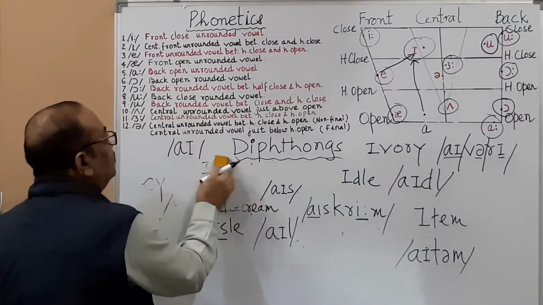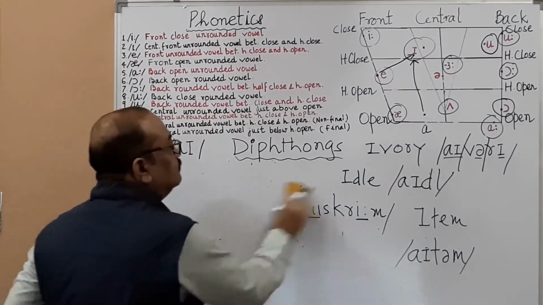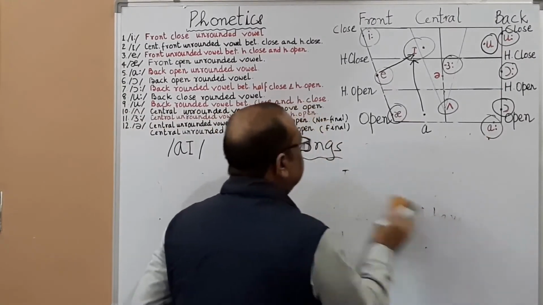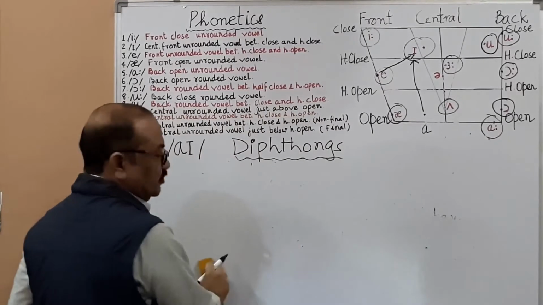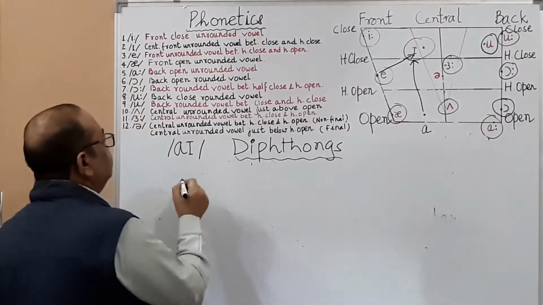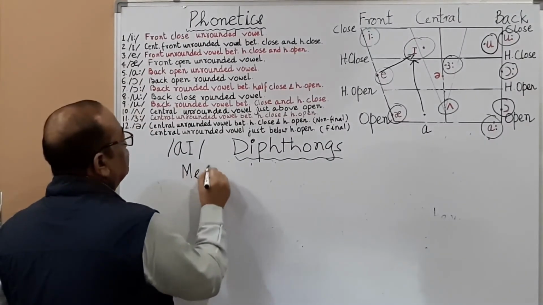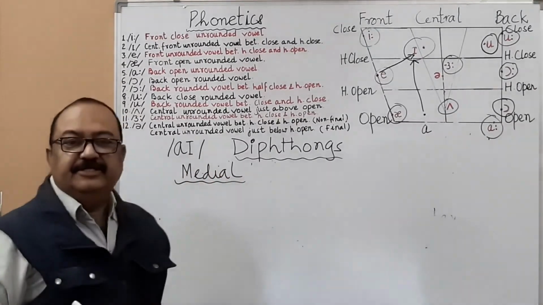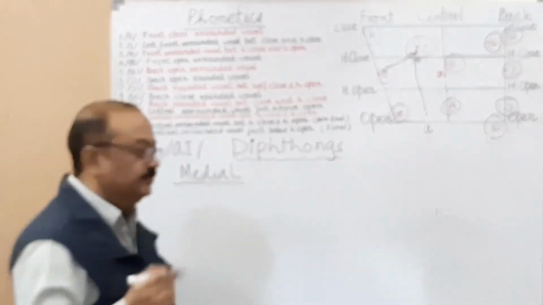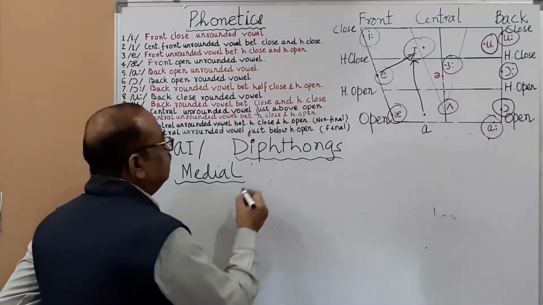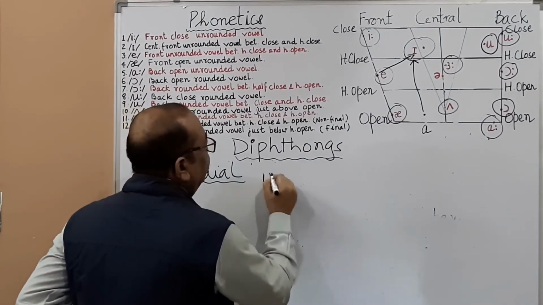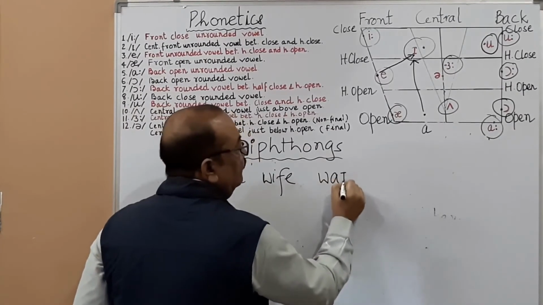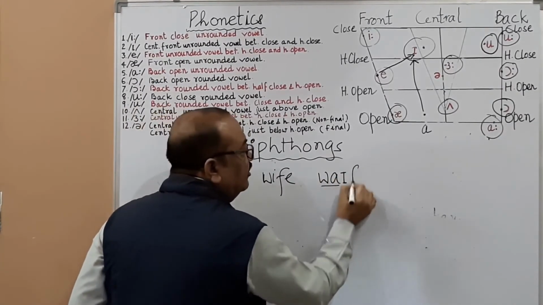Now let us come to the medial. Medially, yeah, it occurs in words like wife. Wife, okay. See, wa and if.